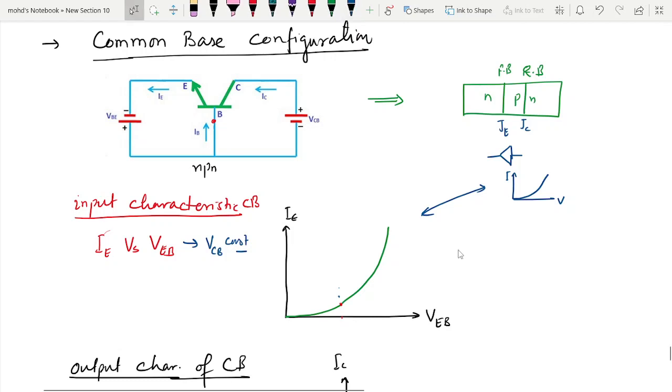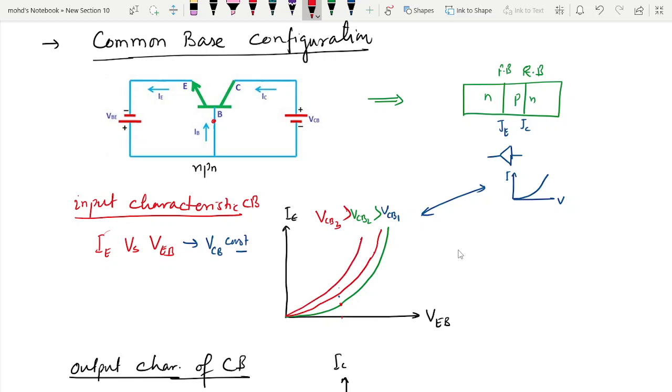Now let's say for example this curve is at constant VCB, let's say VCB1. If we increase the value of VCB, let's say VCB2 is greater than VCB1, then the graph will look like this. If we further increase the value of VCB, then the graph will shift like this.